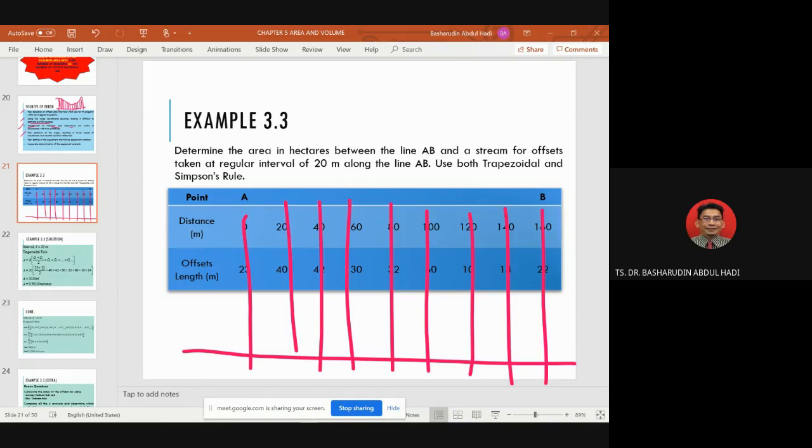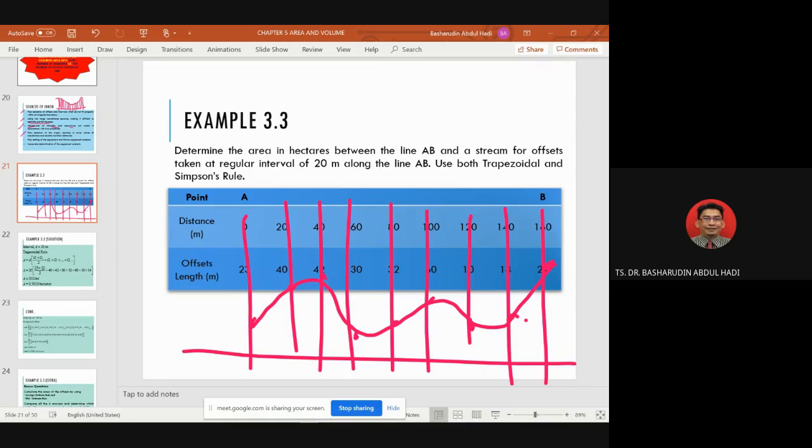The offset lengths are 23, then 40, 42, this one 30, this one 32, this one maybe 40, this one 100, this one 32. At 120 it is only 10, then this one maybe 10, and then we go to 22. So when we do some connection, this profile has enough data.